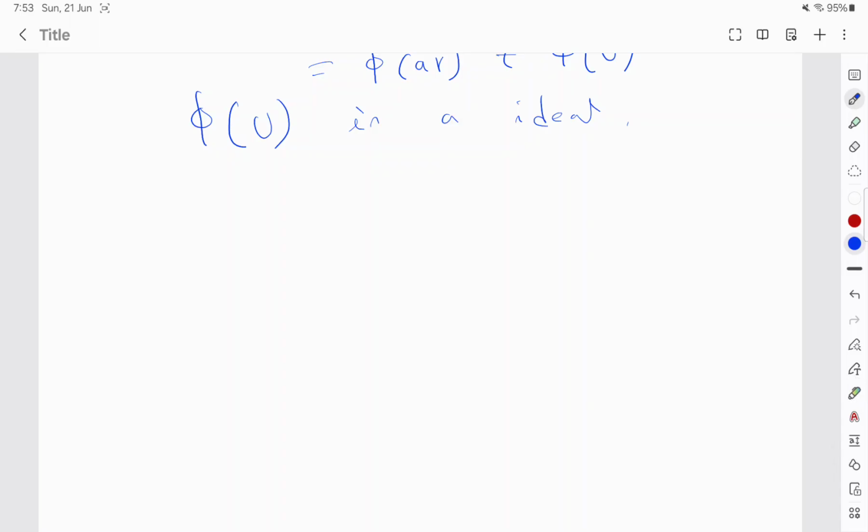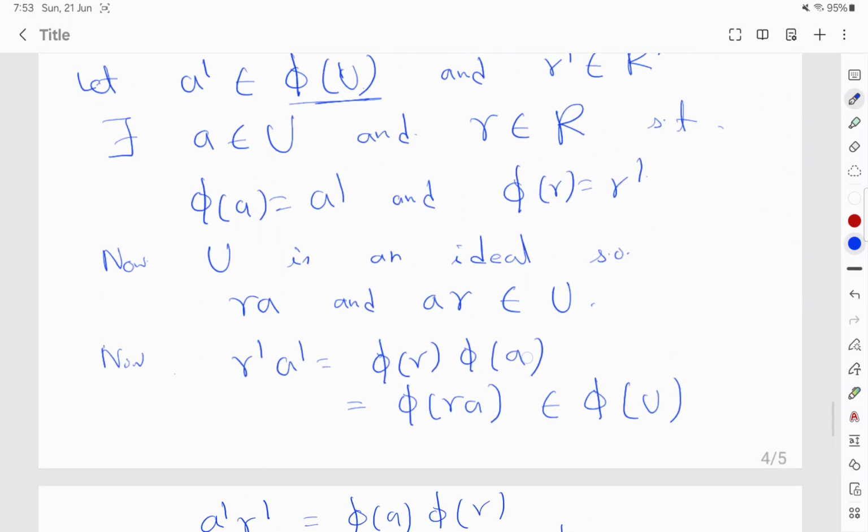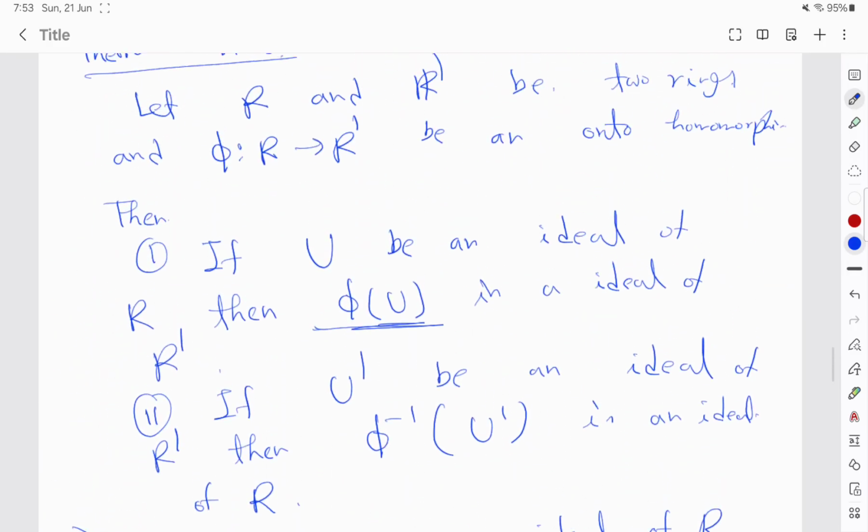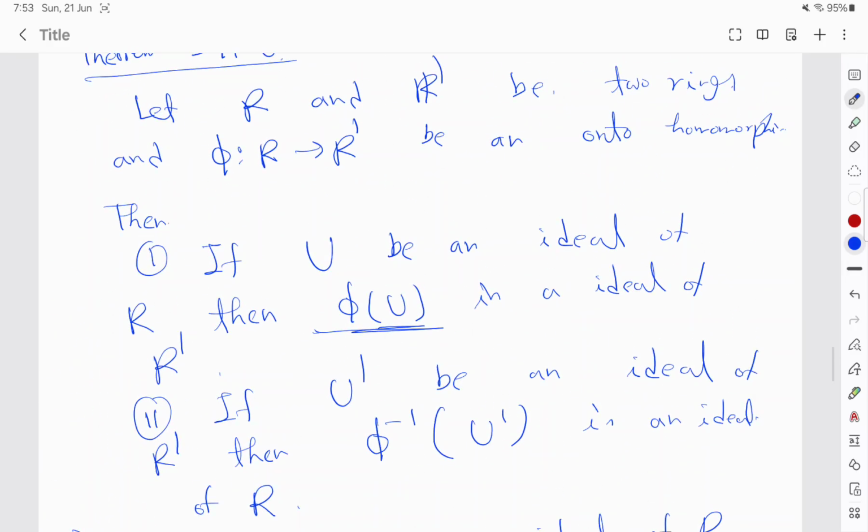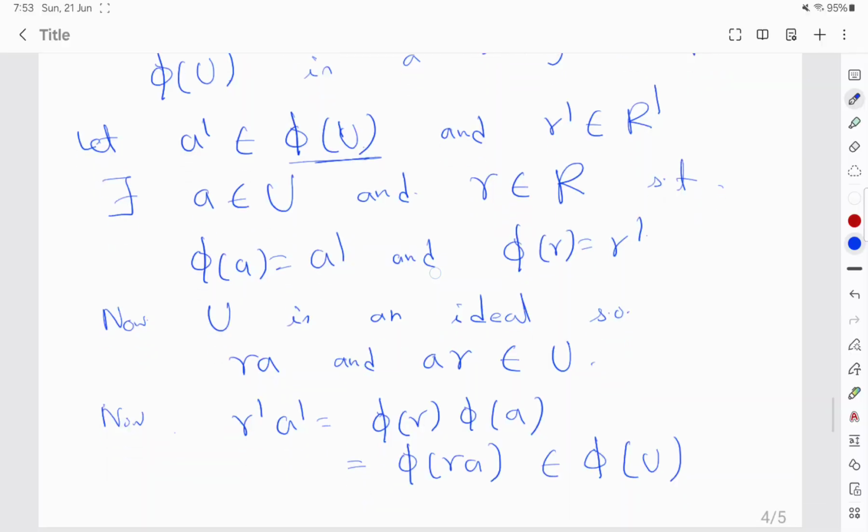Now you just think about the second part using your 3.14.5 second part. Similarly you have to do it.